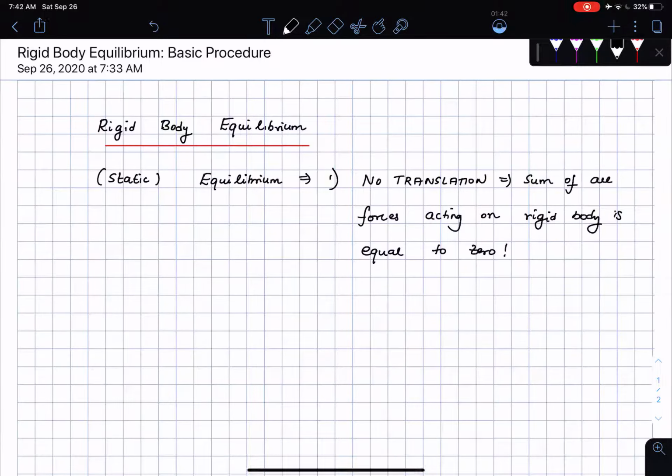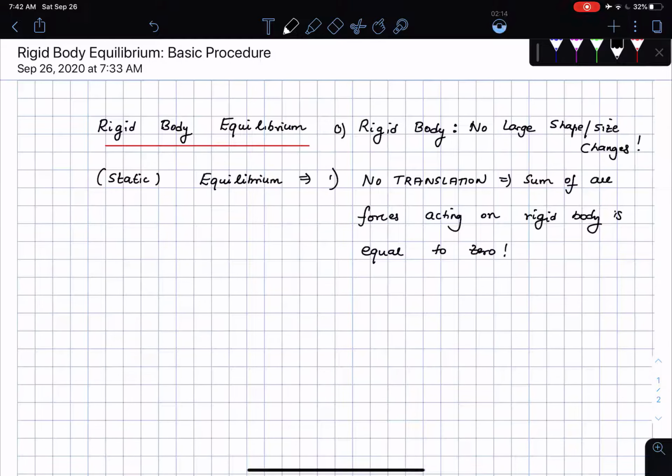Of course, first of all, we know what is meant by rigid body, right? So let me maybe write it out. A rigid body does not show large deformation when subjected to forces. No large shape or size changes.